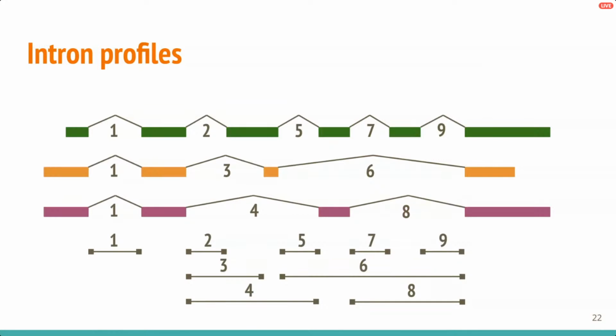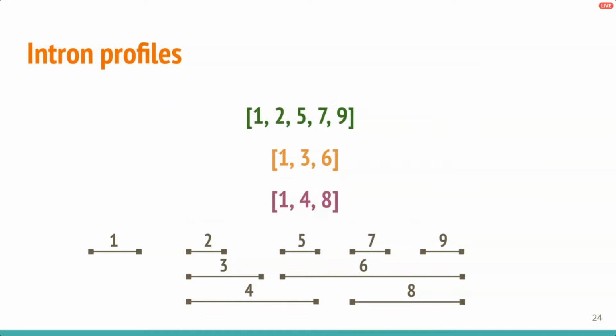So we go over the annotation. We enumerate all known introns according to the coordinates. And now we can say that each isoform can be represented as a list of numbers, where each number says which intron is included in this isoform. So for example, the green isoform can be represented as 1, 2, 5, 7, 9, and so on.